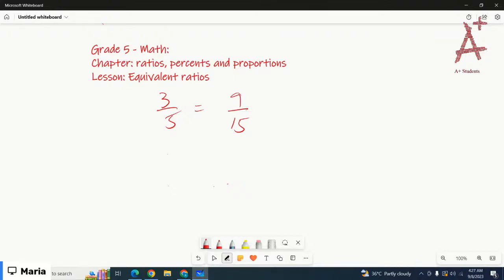Okay, the next one is, are these ratios equivalent? The ratios given are 2 over 3 equals 16 over 18. Yes or no, which is the correct option?